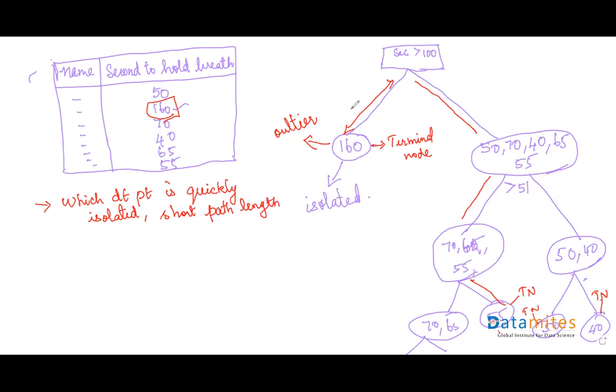This is the path length. So this particular data point has a shorter path length, right? And it also quickly gets isolated. So this data point is an outlier in this data set.